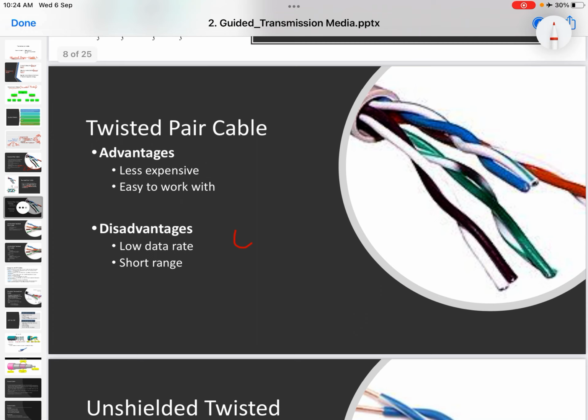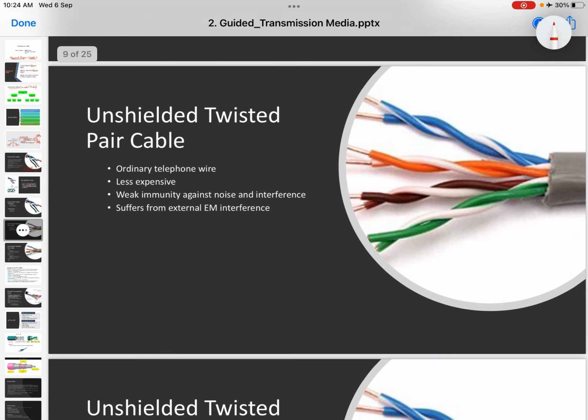That means for a low data rate and a short range, you use twisted pair cables. For long ranges, it won't work.